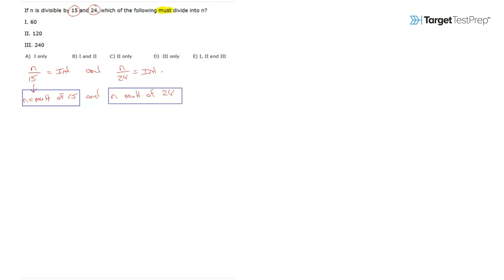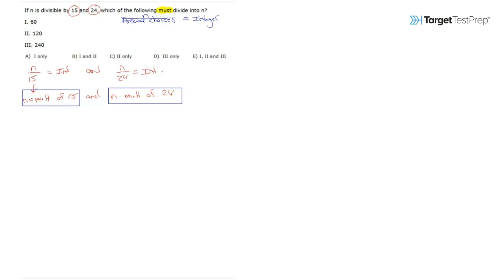Another thing that students sometimes struggle with is the idea of what it means to divide into. Essentially, we need the answer choices to divide into n, and for that to end up being an integer.